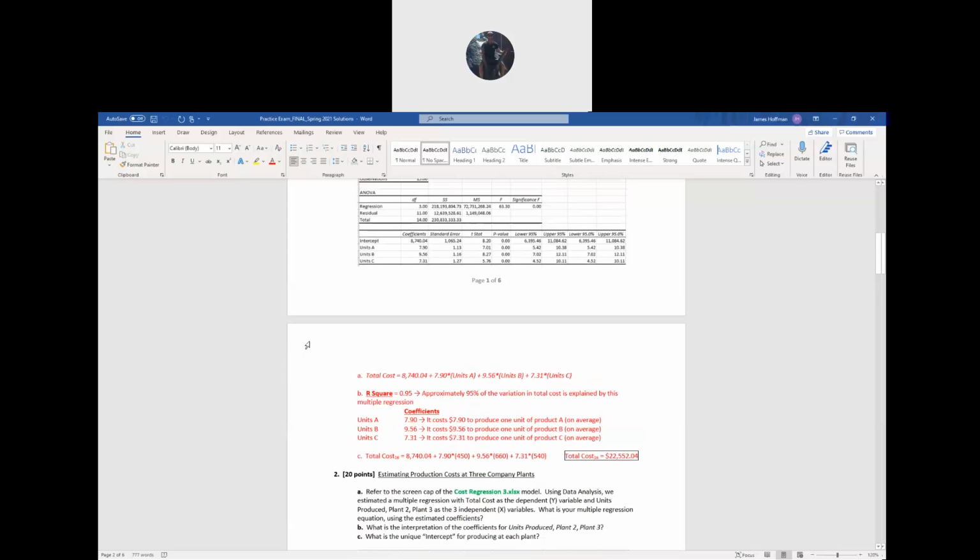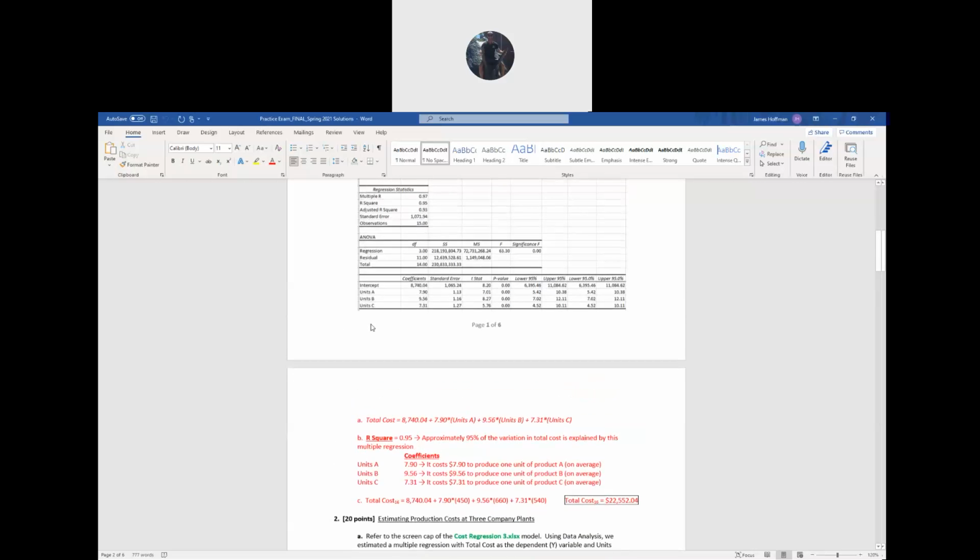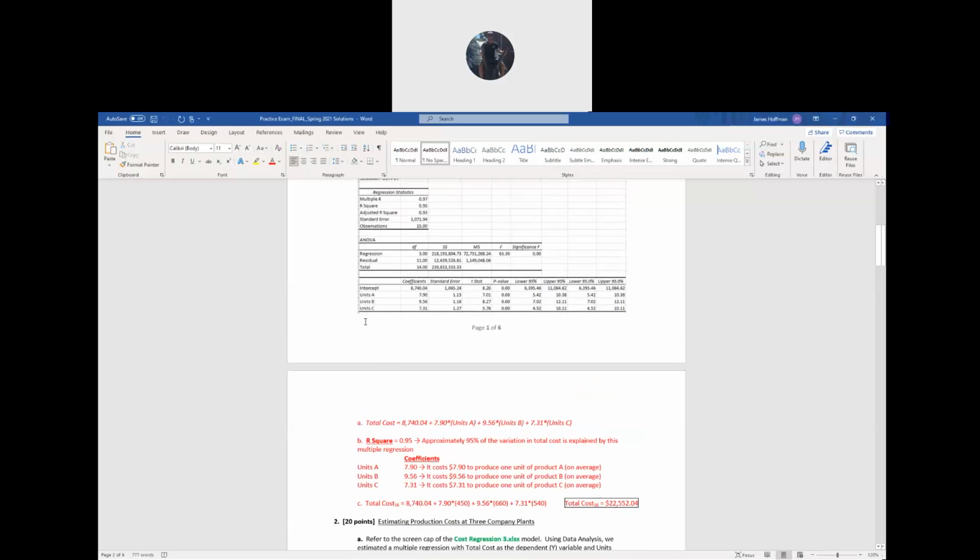Okay, so the first part, part A, was to write out the equation based on the coefficients. So we're estimating how these different units affect total cost, and then we also have an intercept.